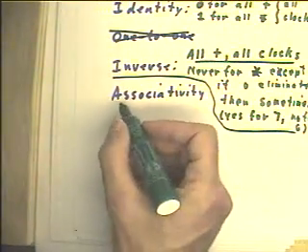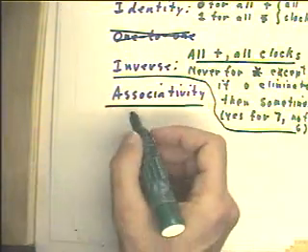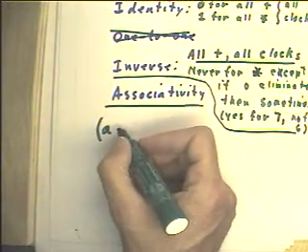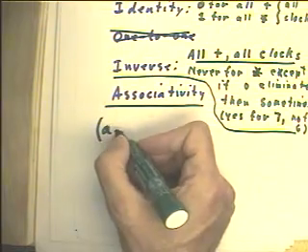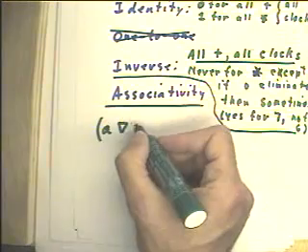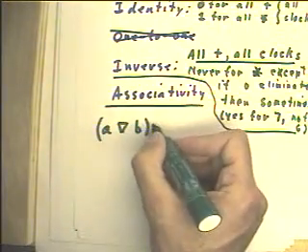Now let's talk a little bit about associativity. Okay, associativity again means for any operation, and let's just use some symbol, like how about an upside down triangle for the operation.